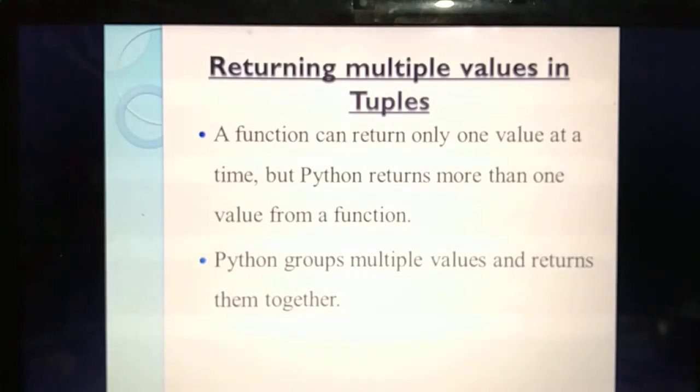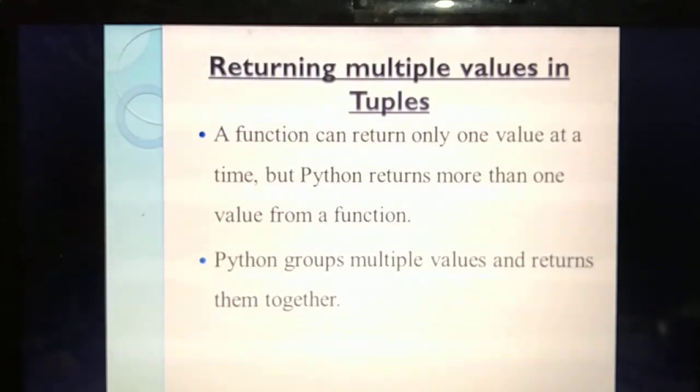So it will return how many values? The value of a it will return as an output, isn't it? A function can return only one value at a time. But in Python, a function can return more than one value at a time. So that only we are calling as multiple values in tuples.